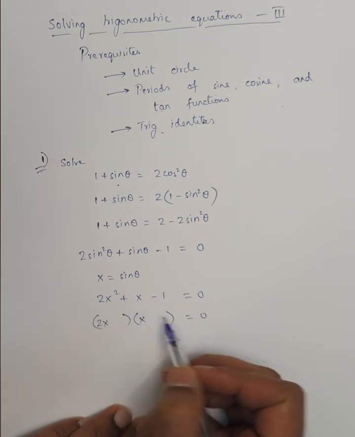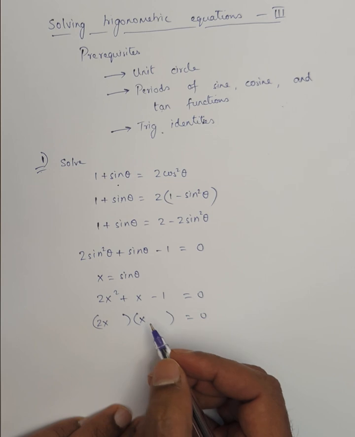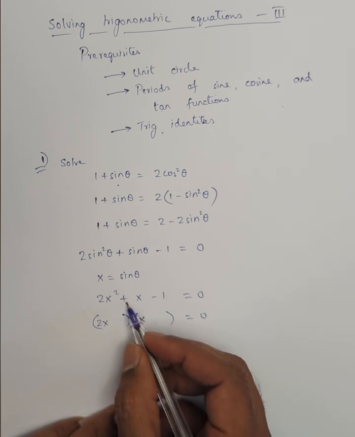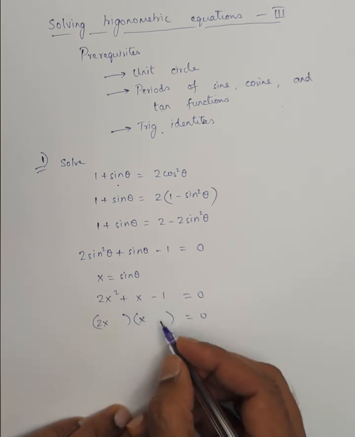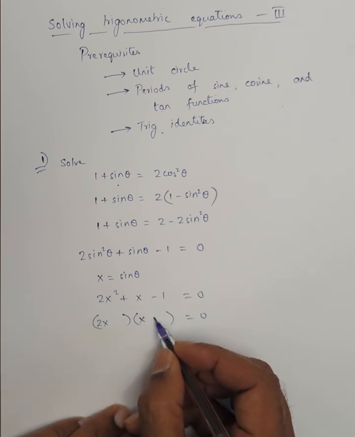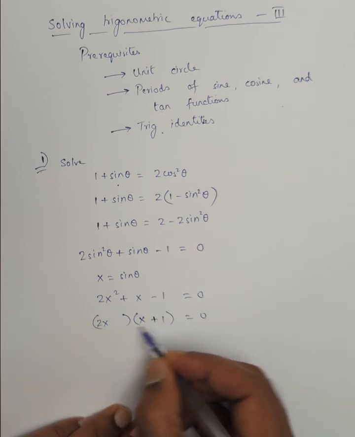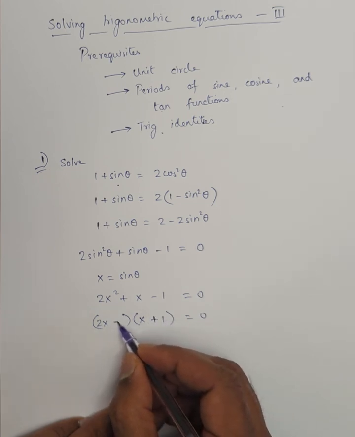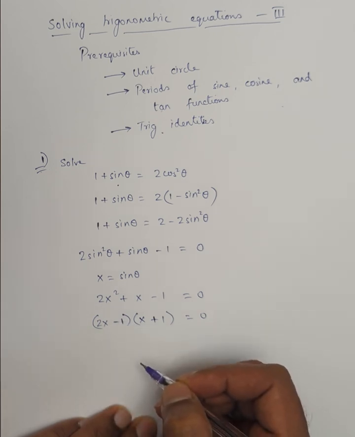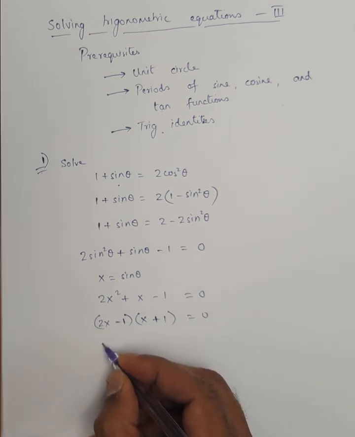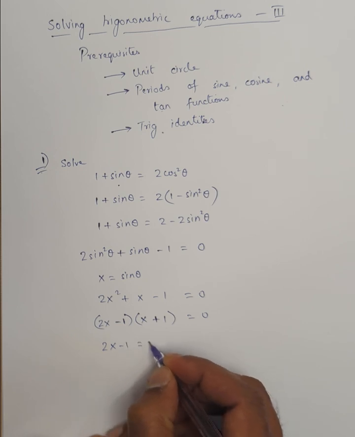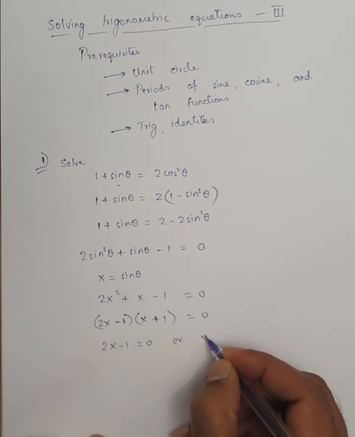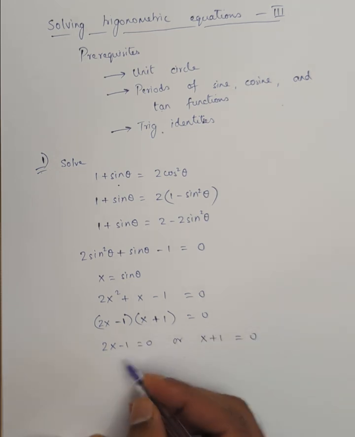So one of these is minus, the other is plus. I know that I need a plus 1x. So I better have 2 times plus, that is 2, minus 1 here. So I get 2x minus 1 equal to 0, or x plus 1 equal to 0.